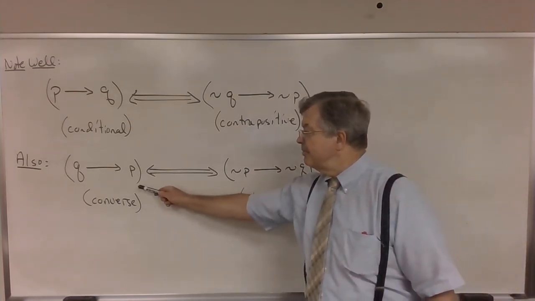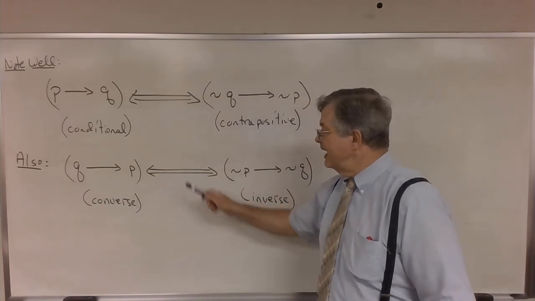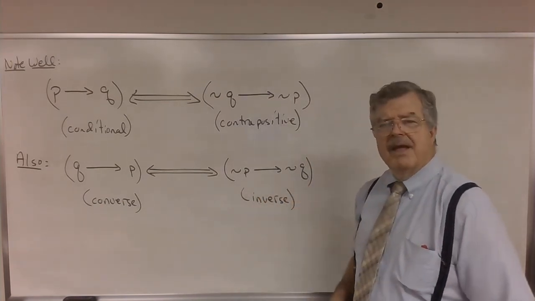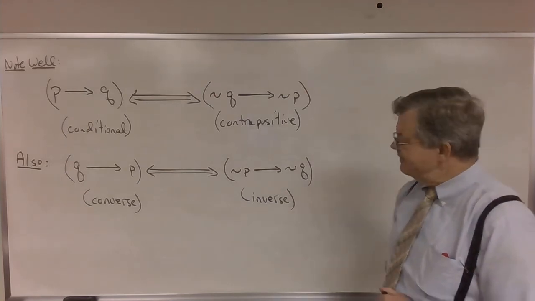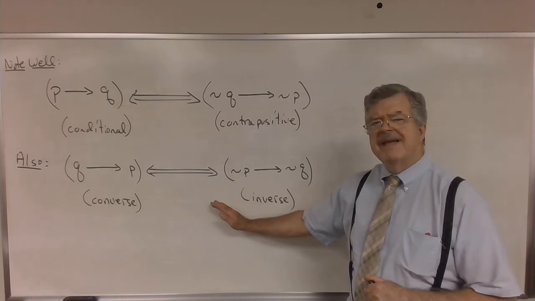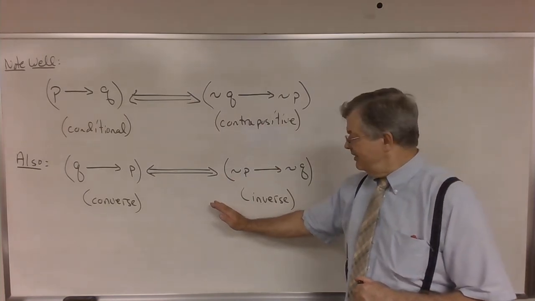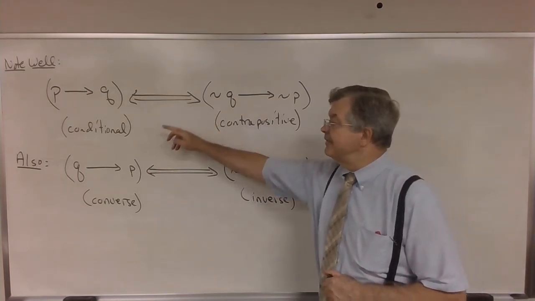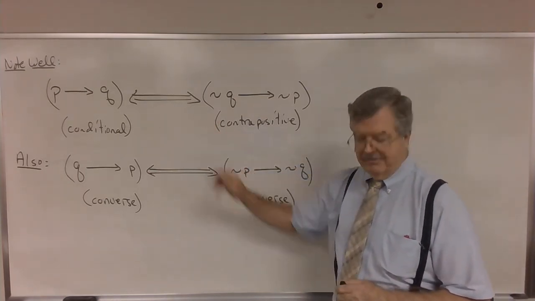That is, Q implies P is logically equivalent to not P implies not Q. Oddly enough, even though this relationship holds, it's not nearly as important as the equivalence of the conditional and its contrapositive.